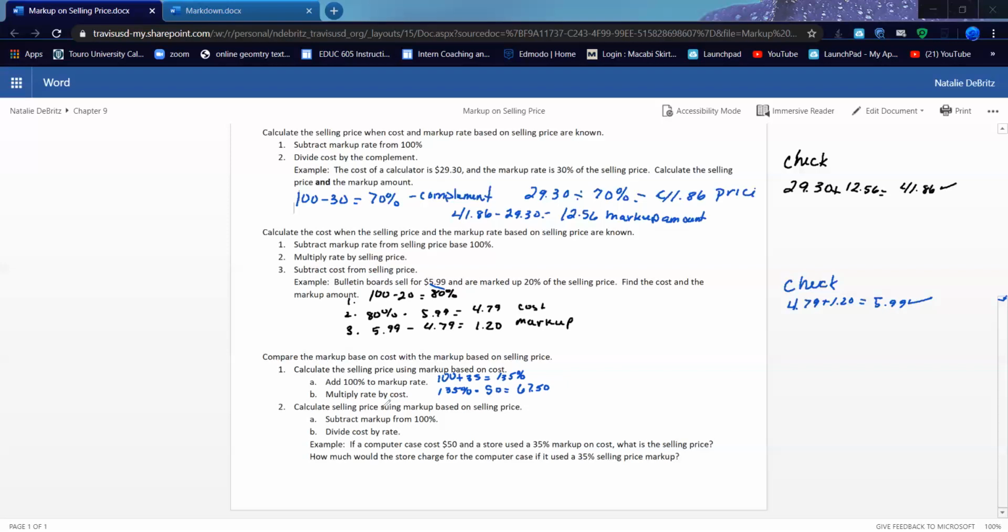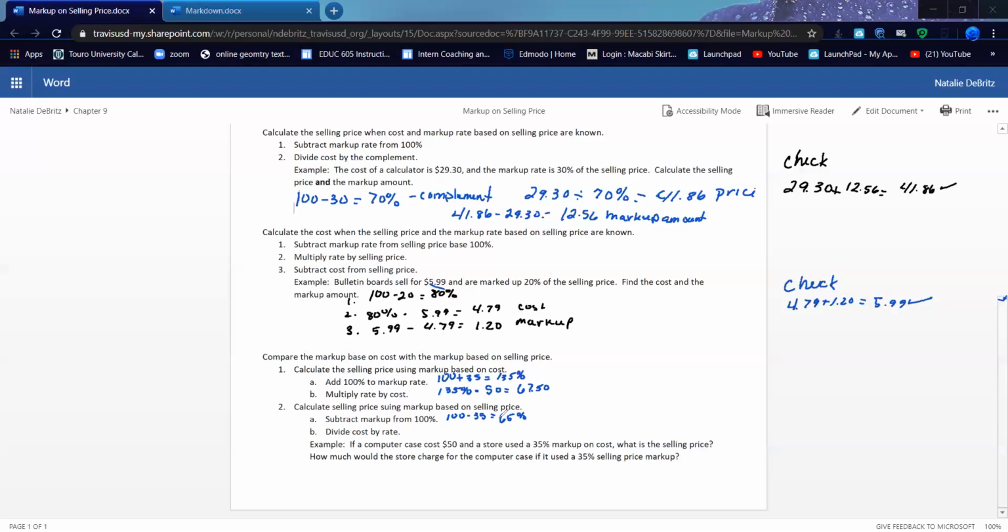Then I'm going to calculate the selling price using the markup based on selling price. So now I'm going to subtract the markup from 100%. It's going to be 100% minus 35, which is going to give you a 65%.